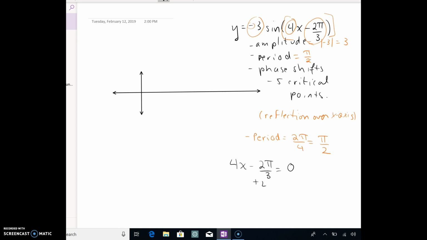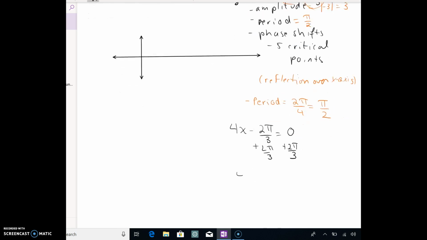So let's add 2 pi over 3 to both sides of the equation. That gives me 4x is equal to 2 pi over 3. And then we're going to multiply both sides of the equation by 1/4 to clear out the coefficient of 4; you could divide both sides by 4 as well. And so we have 2 pi over 12, and you can simplify by pulling out a factor of 2 from each one of those.